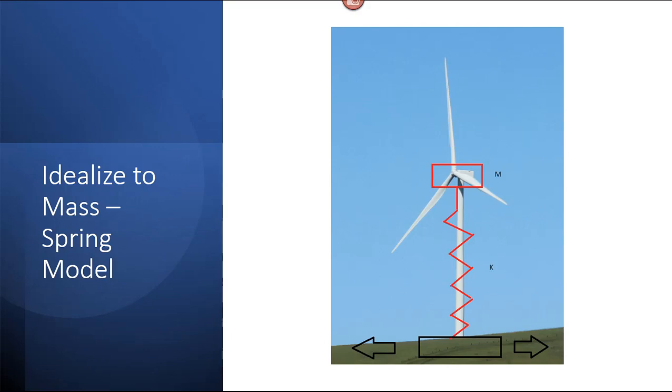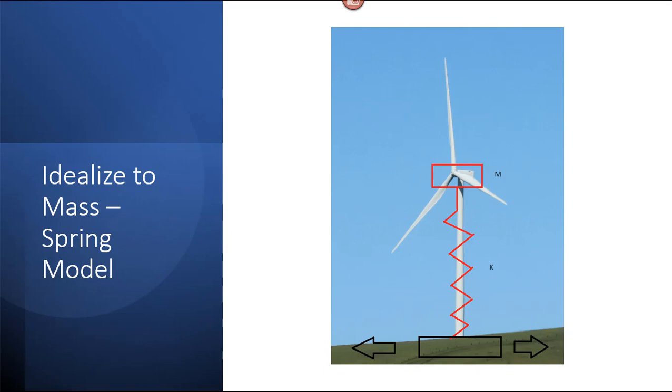So the column can be idealized as K, which has a stiffness, and the turbines at the top, or the machinery that's there at the top, which is pretty heavy, can be idealized as a mass component M. So we just have a spring and a mass component, and at the base we have a rigid foundation, and that foundation sits on soil, and we expect the ground to move.